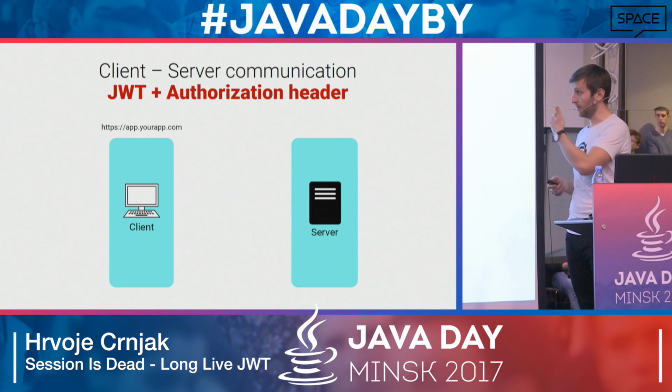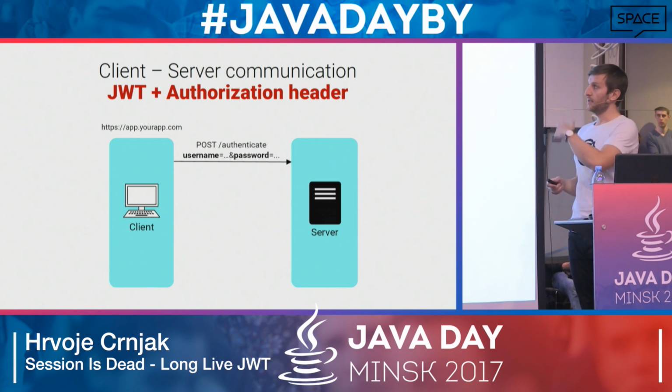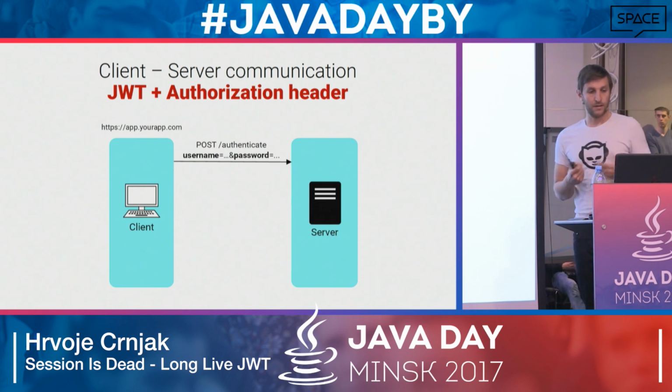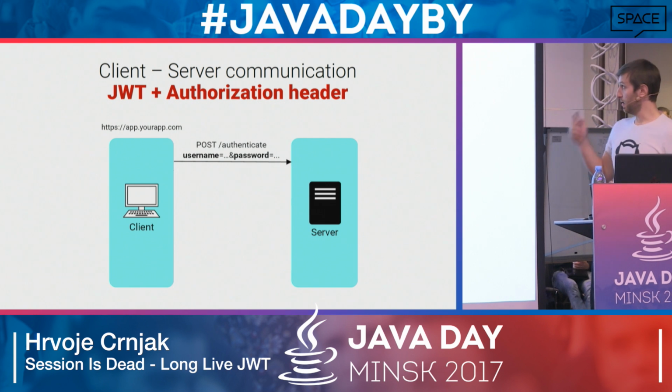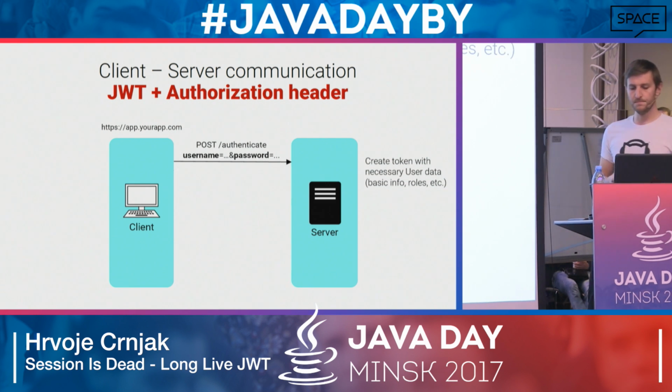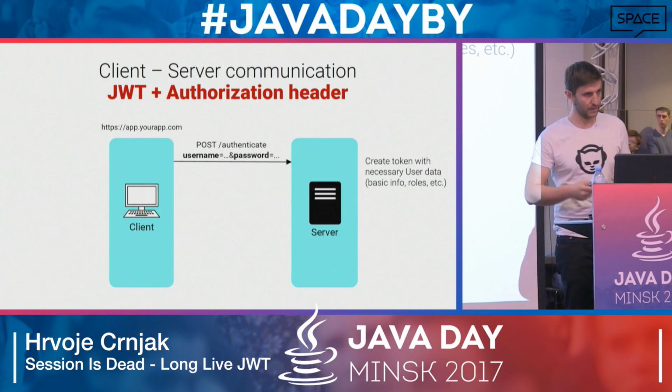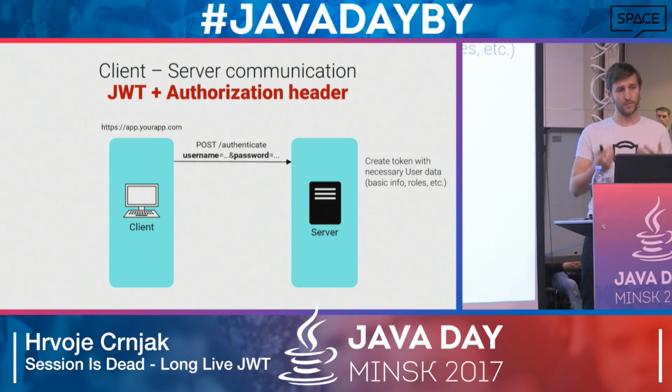So again, we have our client, we have our server. Again, the client sent an authentication request to the server, but what happens on the server now? Well, first the server will validate those credentials, and if everything goes okay, a new token will be created. Now this token holds all the information relevant to our user.